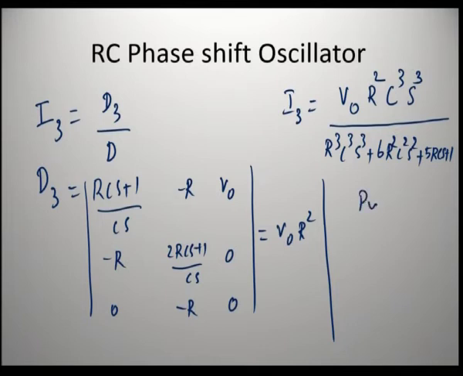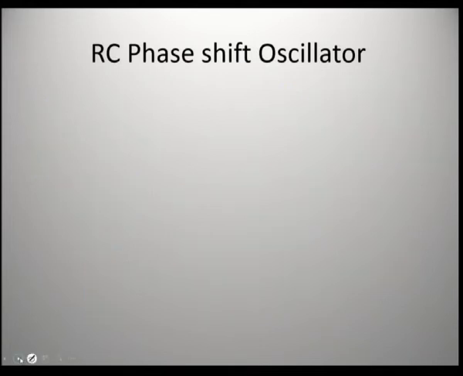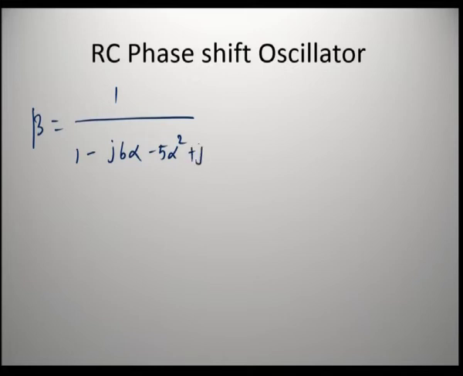Now, after putting S equal to j omega and assuming that alpha is equal to 1 by omega RC, you will get the equation for beta equal to 1 by 1 minus j6 alpha minus 5 alpha squared plus j alpha cube.